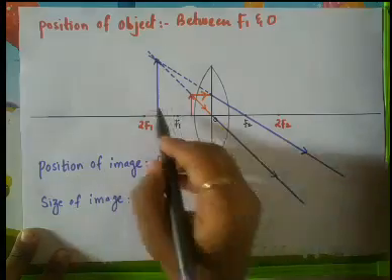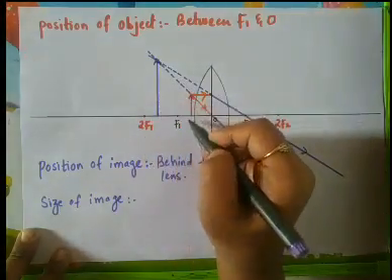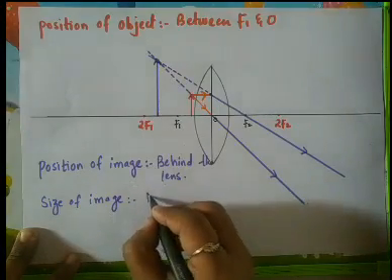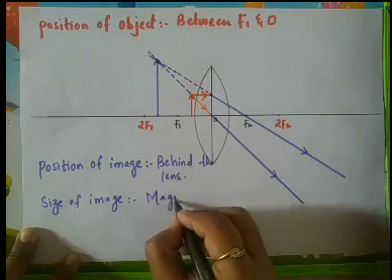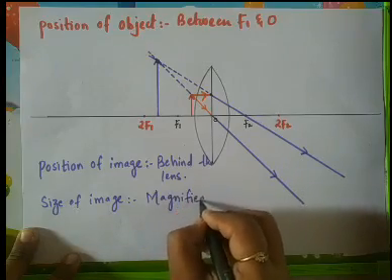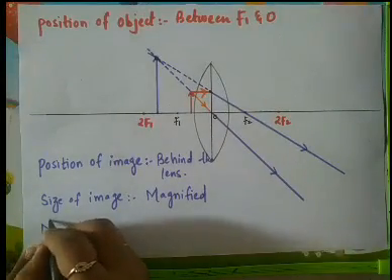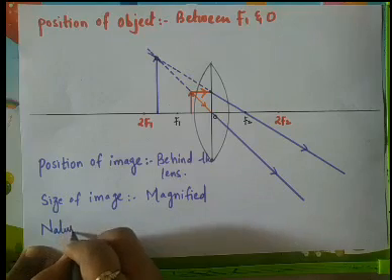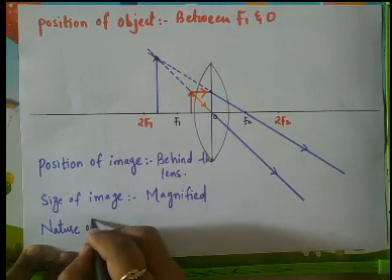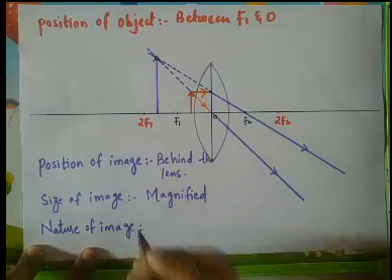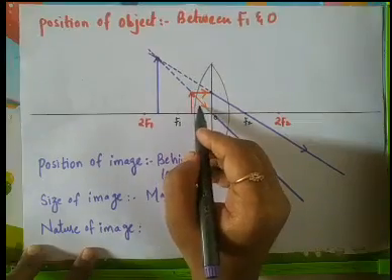You can tell, see, this is your image, this is your object. Of course, the image is bigger than the object, so we can write it as magnified. Image is magnified.